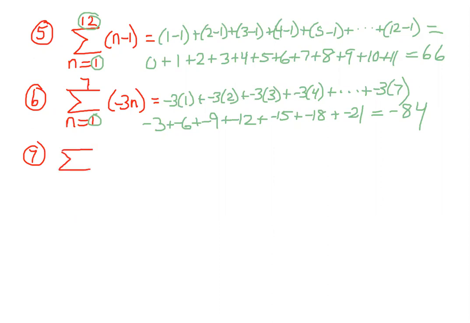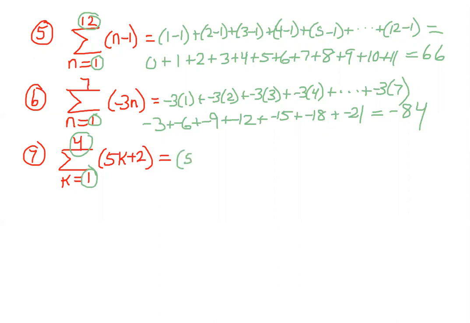Here they're not using the n, they're using a k now. It doesn't matter what letter they use, it's just like a variable. So here they're using a k, and we're going to start at 1 and go to 4. So we only have 4 terms.